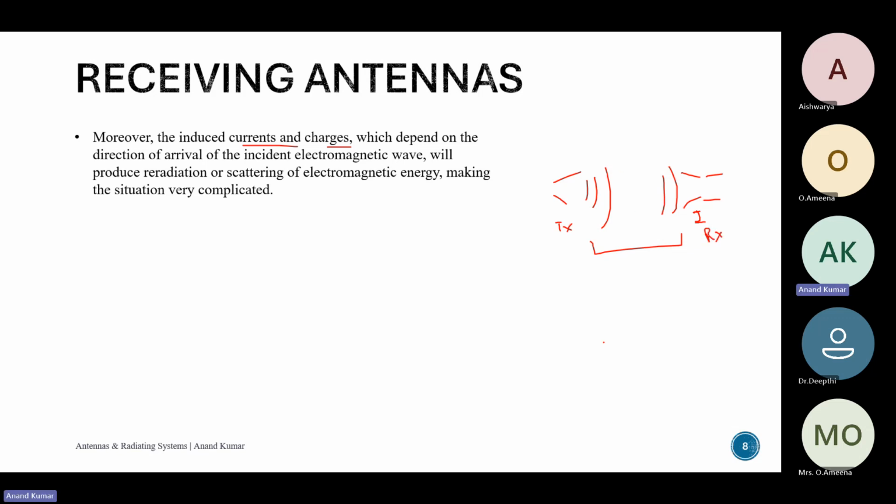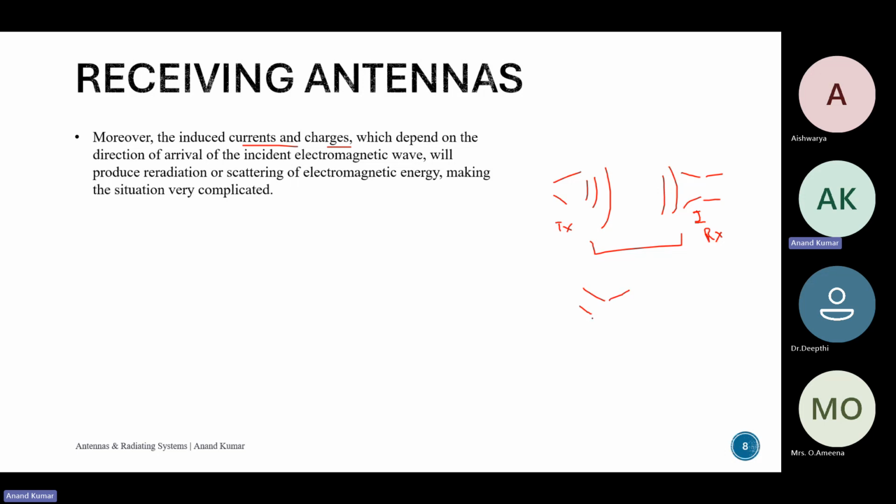But if this transmitter was at some other distance, let this distance be R1, and if this distance changes, and the angle of reception as well, the currents developed, let's just say this is I1 for now, will not be the same.